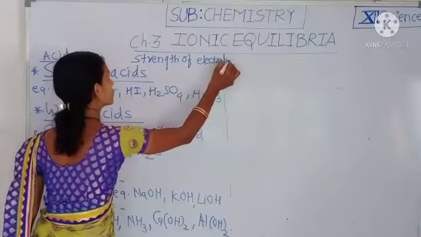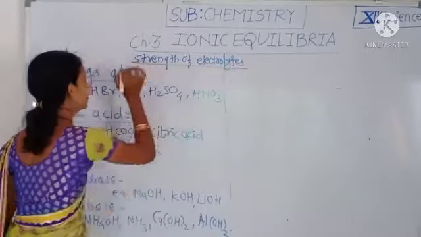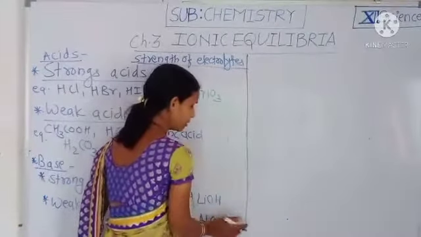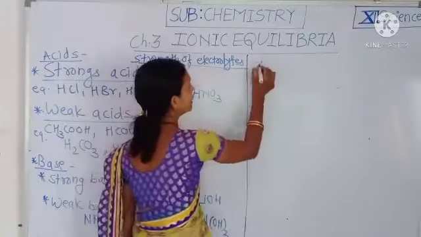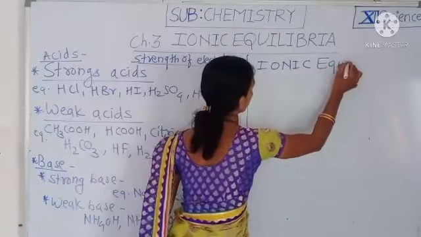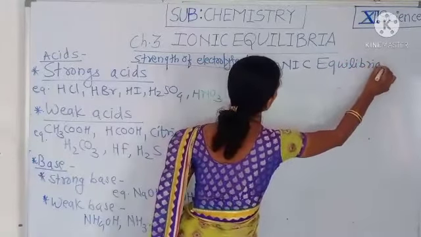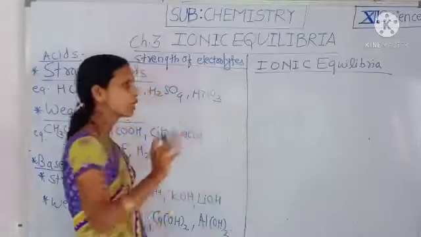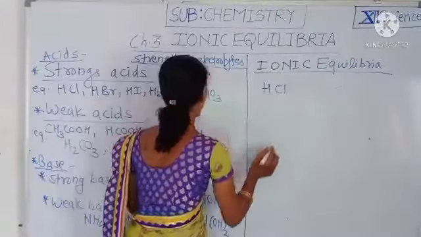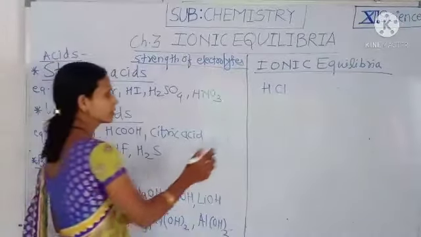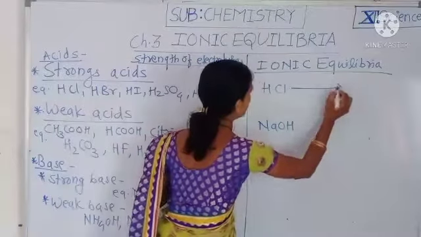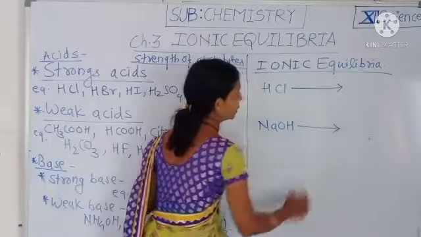This classification is based on the strength of electrolytes. Already you have studied about Ionic Equilibria. See here, the strong electrolytes like HCl and NaOH. These are a strong acid and a strong base.